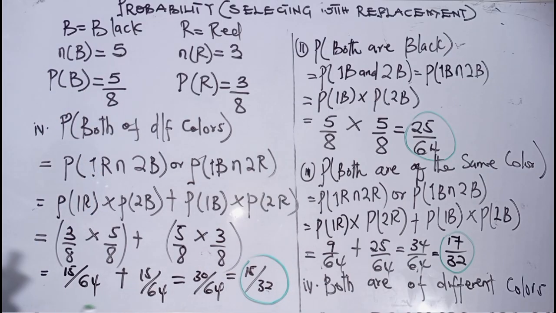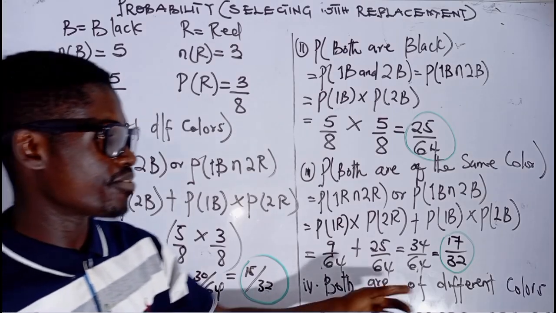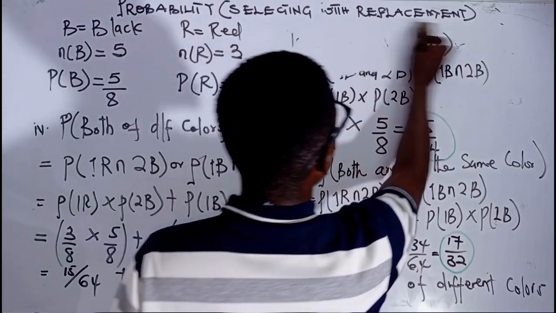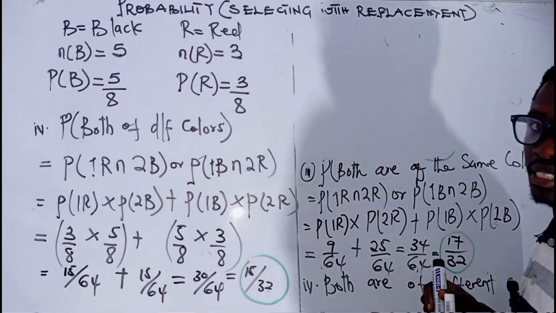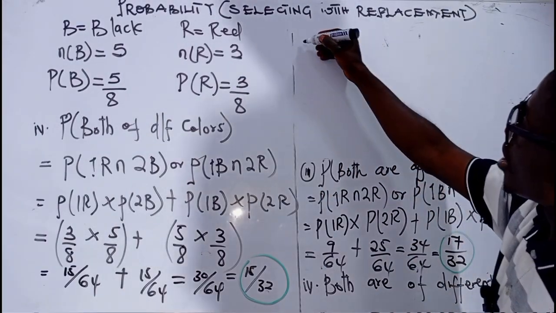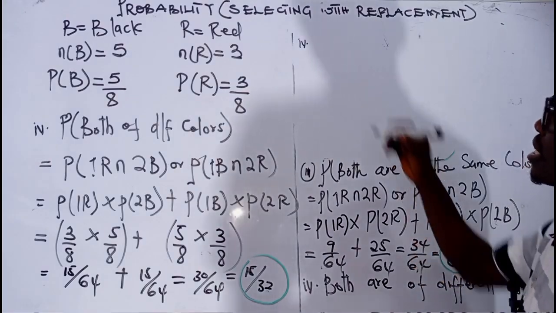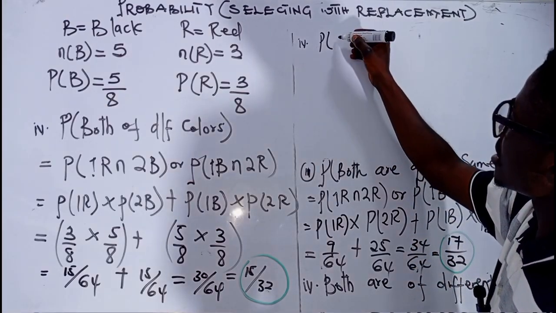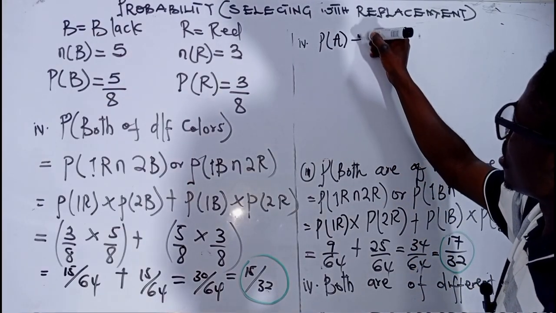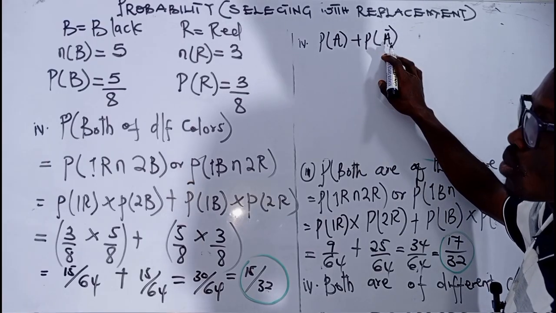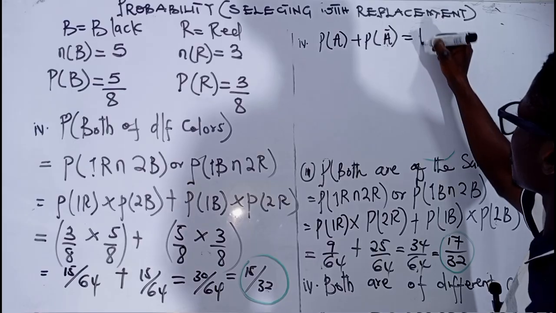Now with this same question, both are of different colors, we can use another approach. Let's look at it. When we were looking at the complementary rule of probability, we said that the probability that A will occur plus the probability of its complement, which is the same as A will not occur, should give us 1.